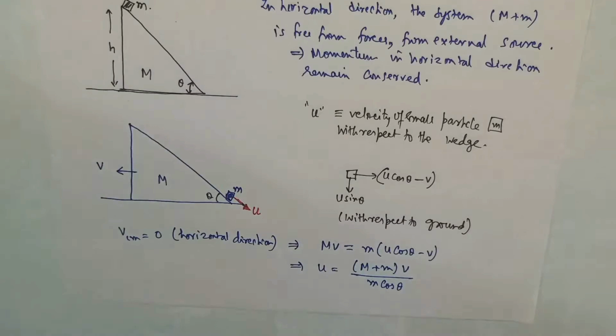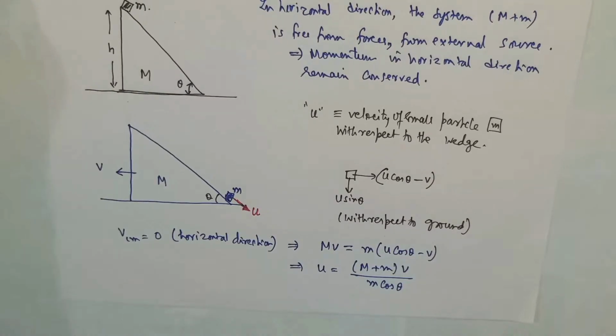Now, we will think about the conservation of mechanical energy. Please refer to the figure and observe what is given. Here, the loss of gravitational potential energy of the particle when it reaches down will be shared as the kinetic energy of these two objects, capital M and small m.